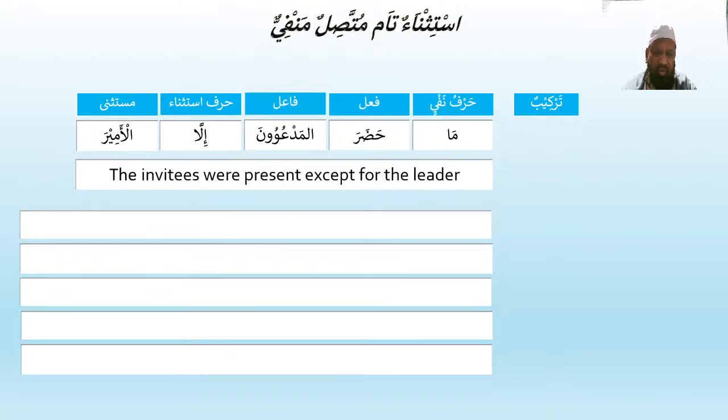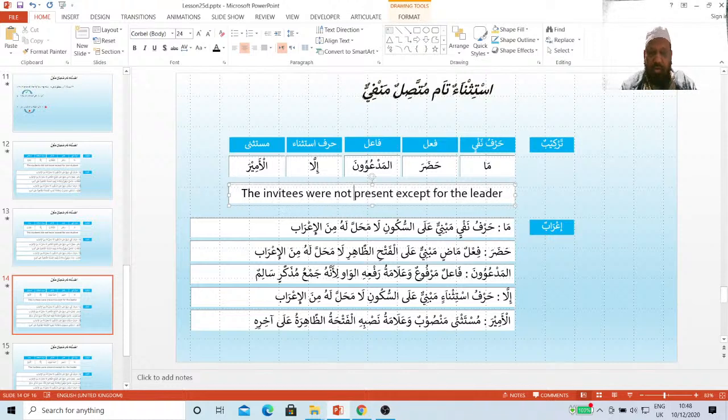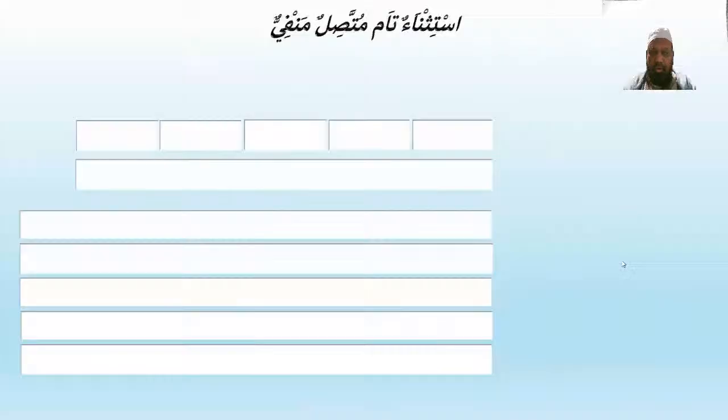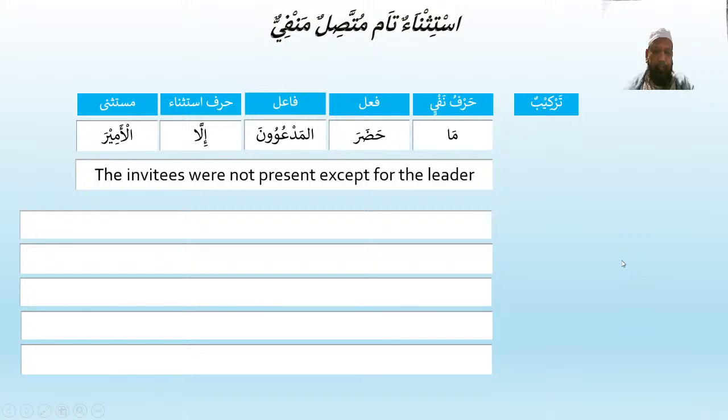The ma is there, so the invitees were not present. ما حضر المدعوون إلا الأميرة. The invitees were not present except for the leader.